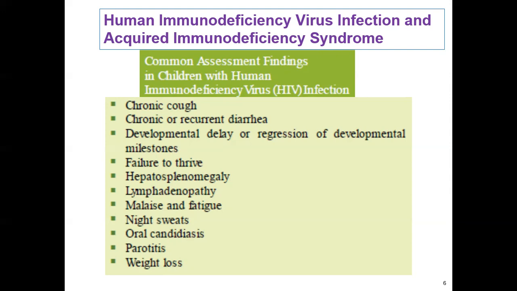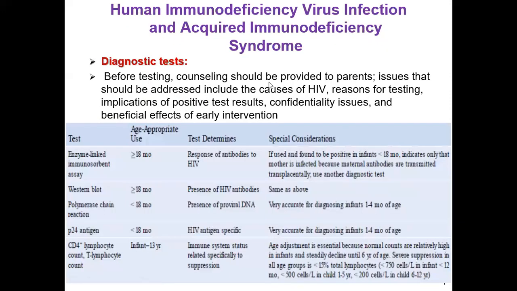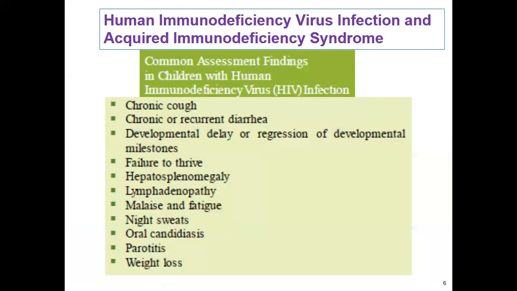The patient who has HIV as a mild condition usually presents with very mild lymphadenopathy, or hepatomegaly or splenomegaly, recurrent respiratory infection, dermatitis, or parotitis.